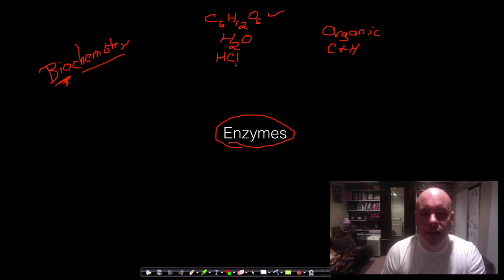It is inorganic because whenever you have a capital with a lowercase, they go together. This C is not referring to carbon, but to chlorine. So this molecule only has hydrogen, so it is inorganic. Enzymes are organic and they are a catalyst.